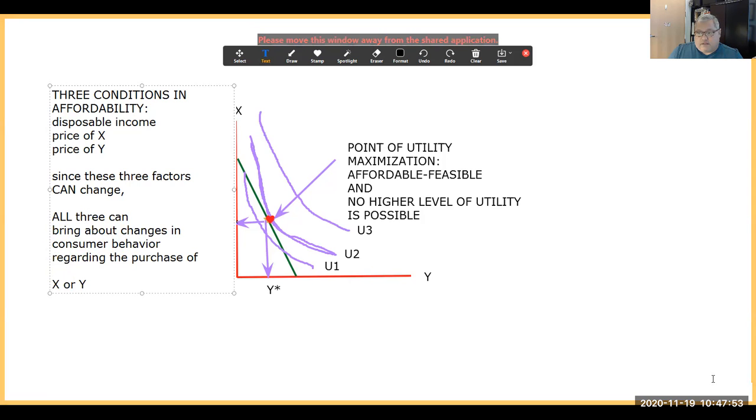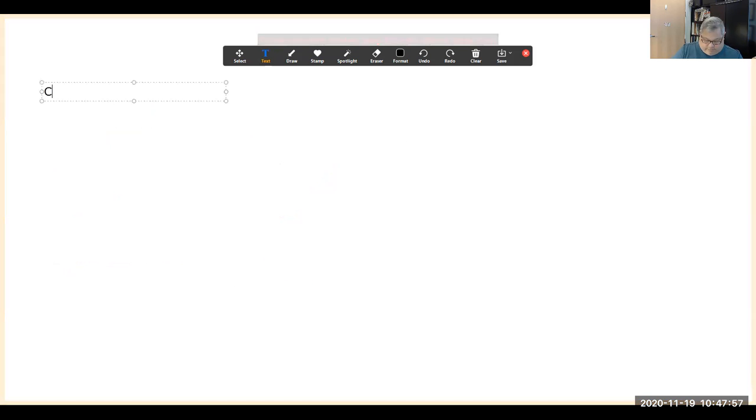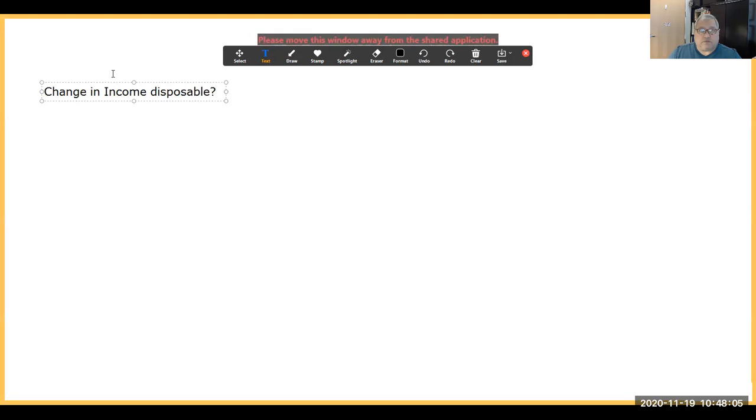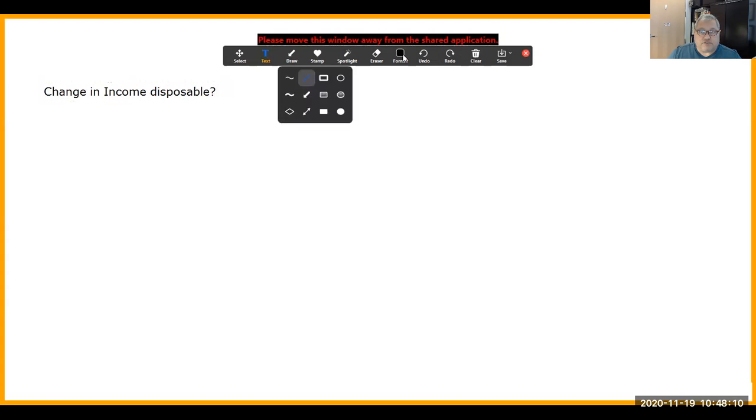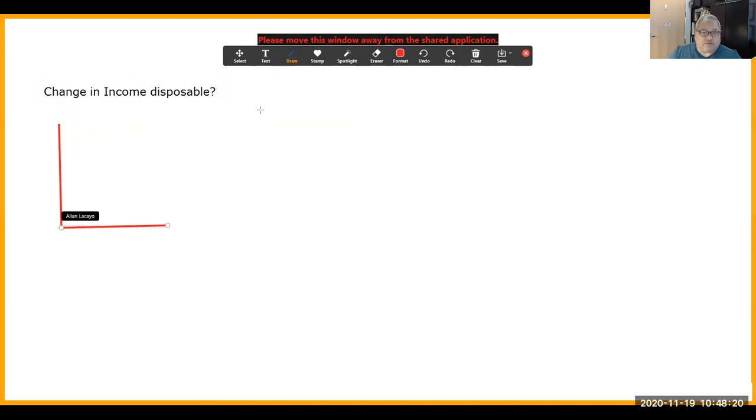So what, if anything, is the impact of a change in income? Disposable. The way we would visually observe these changes in income would be as follows. Here's the first dimension of the graph and the second, X and Y, respectively.